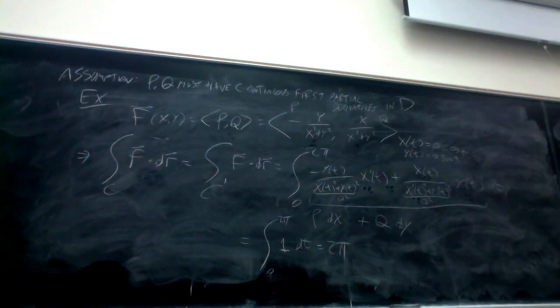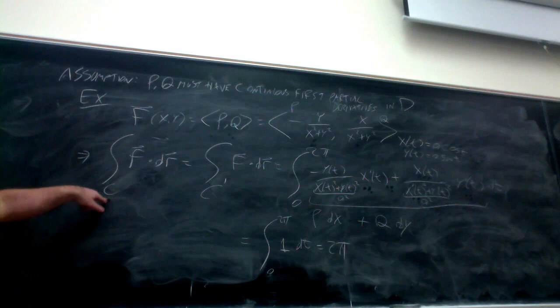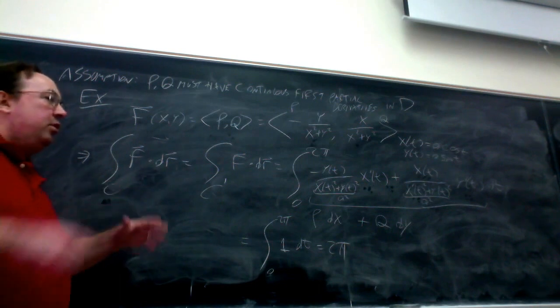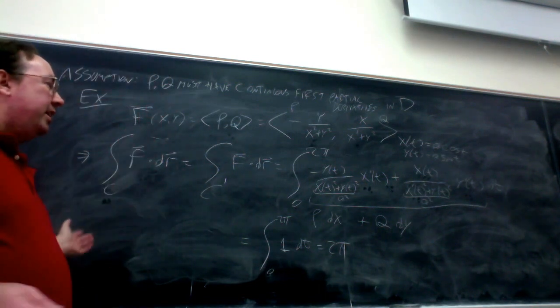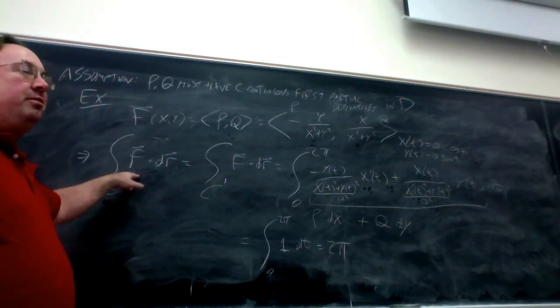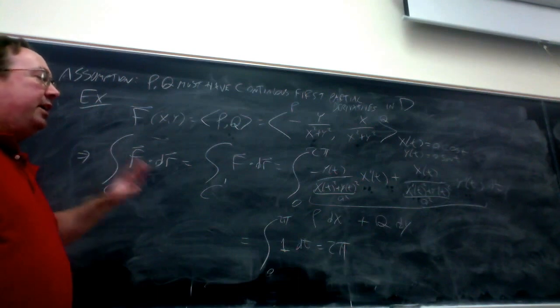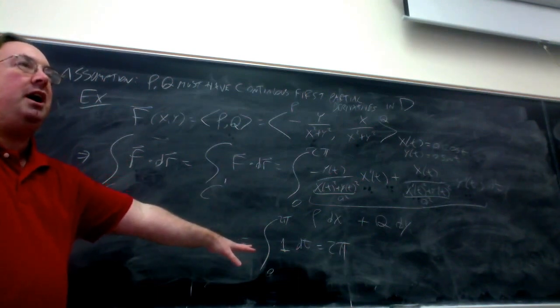So when you have a conservative vector field, notice I never said what this outer curve was. It doesn't matter. It encircles the origin; that's the only criterion. So for curves encircling the origin, no matter what curve that is, the total work done by this vector field around that curve is always going to be 2 pi.